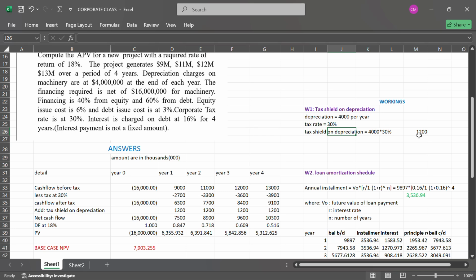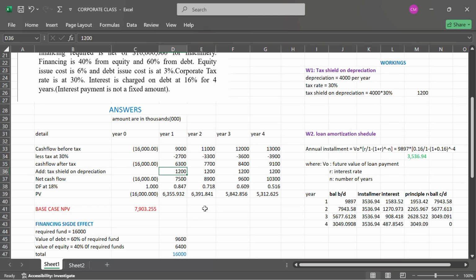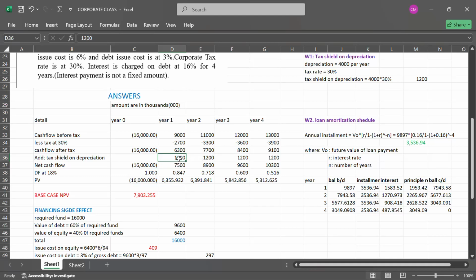So this 1,200 will be added back to the amount after tax. This cash flow after tax, I have to add this 1,200 on these cash flows after tax. So after adding back this tax shield on depreciation, I can now get the net cash flow to be discounted.